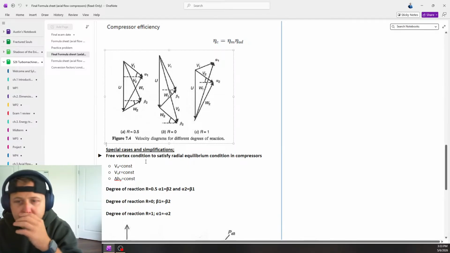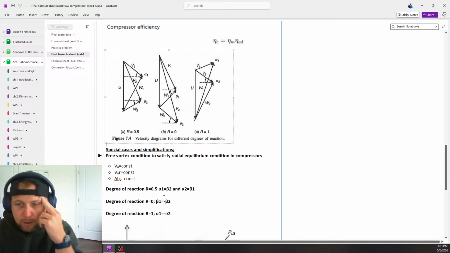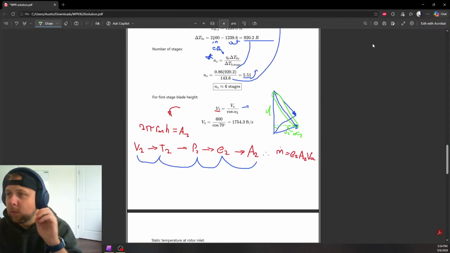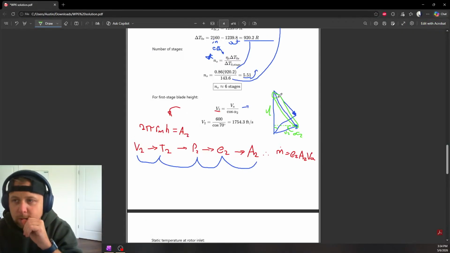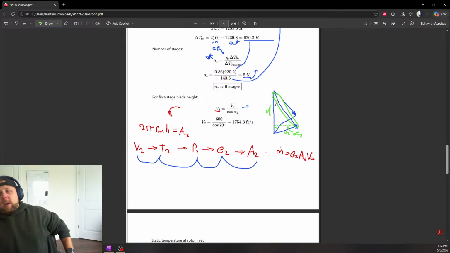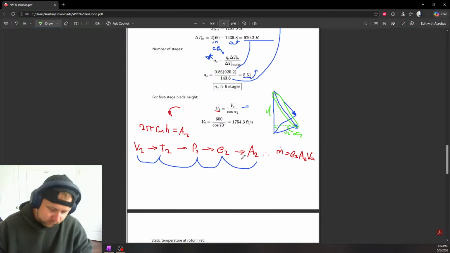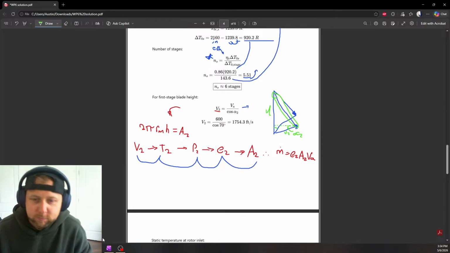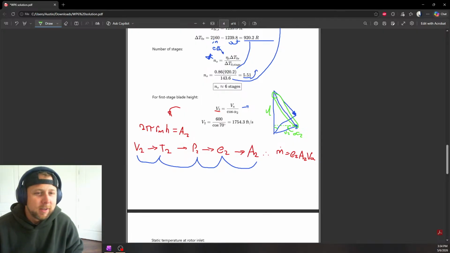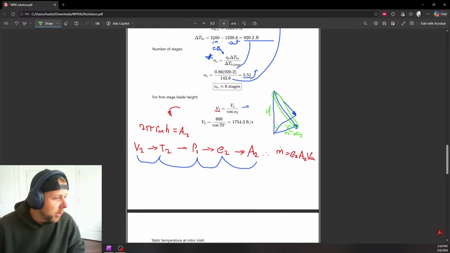I'm so dumb. Yeah, alpha 2 is equal to beta 1. Beta 1 is actually this one. Cool. So equal. Okay, so that's where we're getting that. When in doubt, chat it out, man.